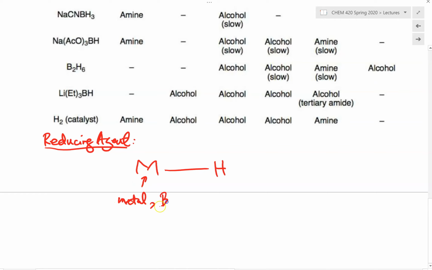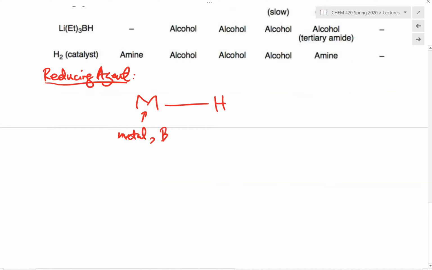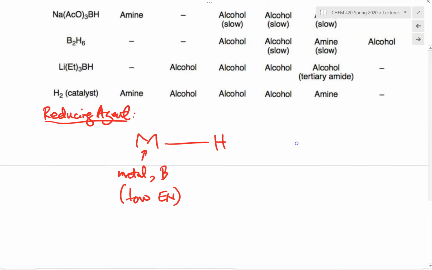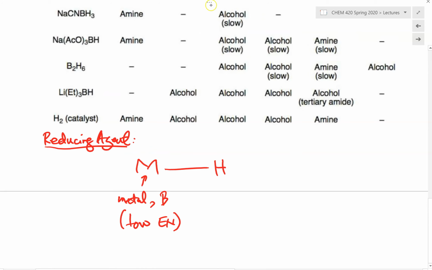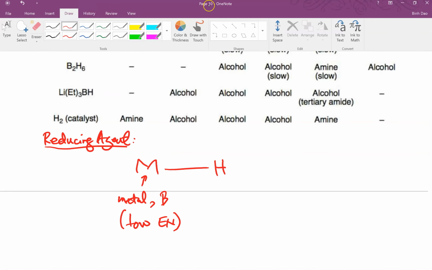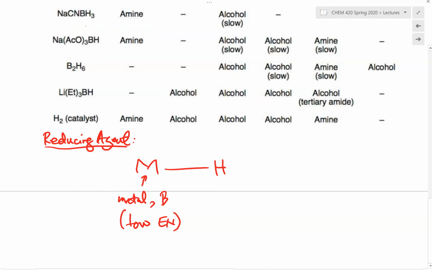Or sometimes boron, an atom with low electronegativity, because we know that metals and also boron have low electronegativity. Because they have low electronegativity, when they are bonded to a hydrogen, they give an electron to this hydrogen.